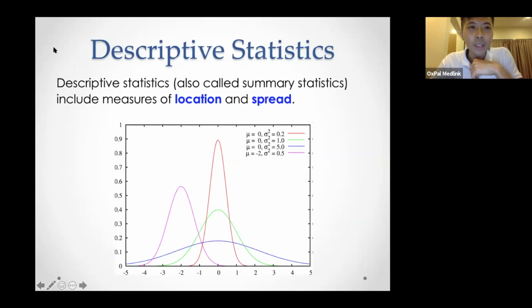What is descriptive stats? This is used interchangeably with summary stats, and it includes measures of location and spread. Location is just one number. Spread would usually refer to a range of numbers.